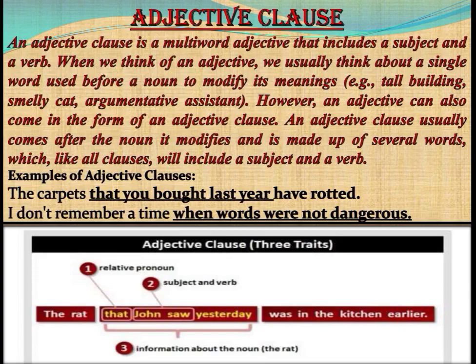And if there is antecedent, we can understand that it is an adjective clause. Okay, because adjectives will always modify the noun or pronoun. Adjective clause is also known as relative clause. It will have a relative pronoun. Okay, the conjunction will be relative pronoun in the clause.